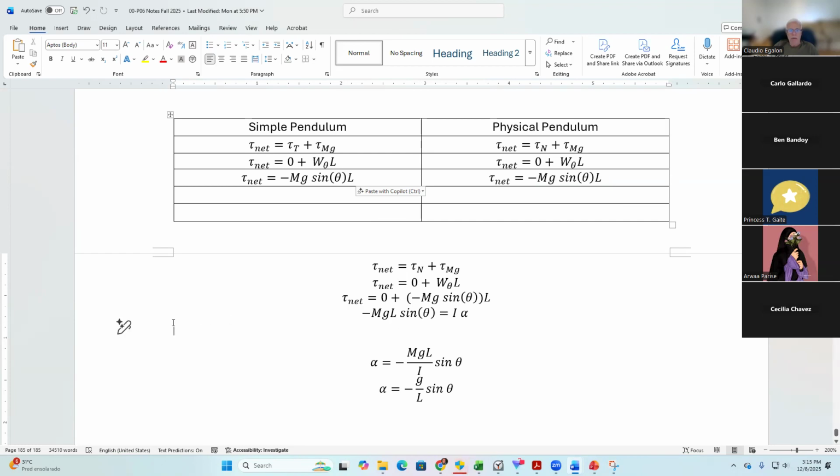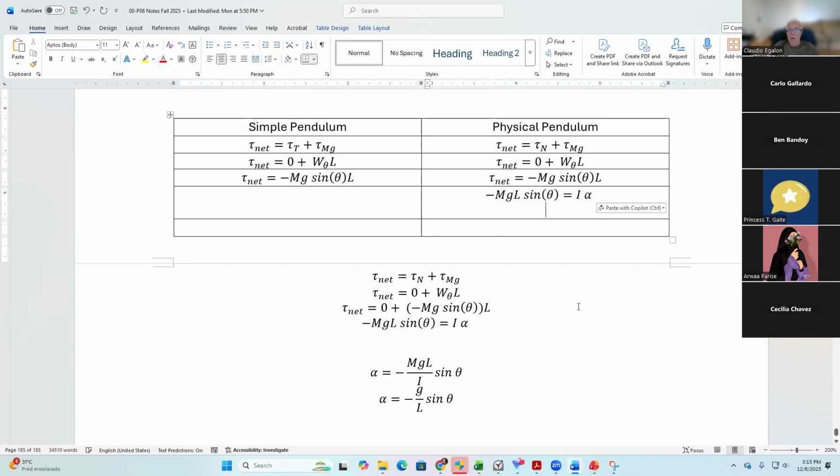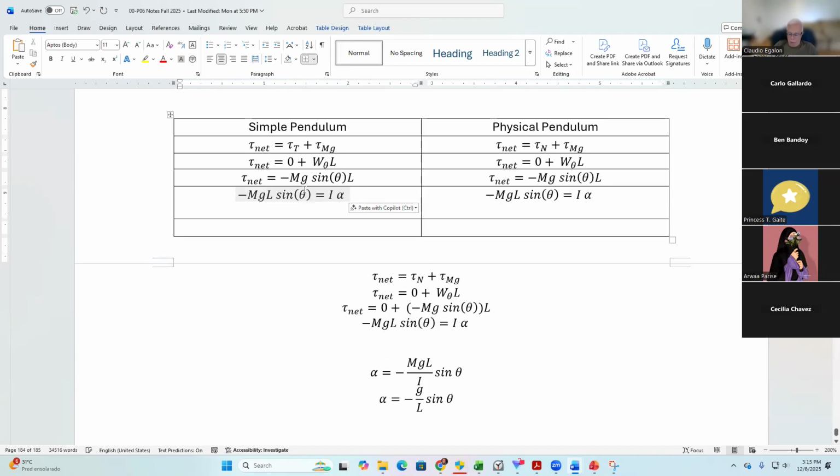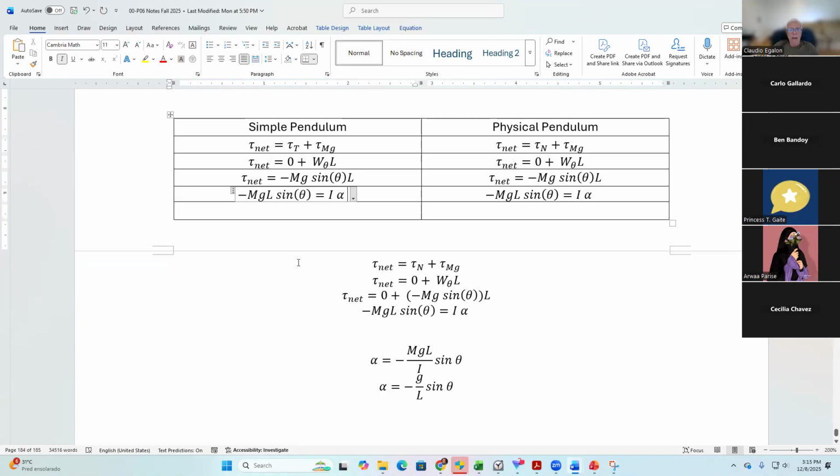In the next step, we use Newton's second law for a rigid body. Exactly the same equation.